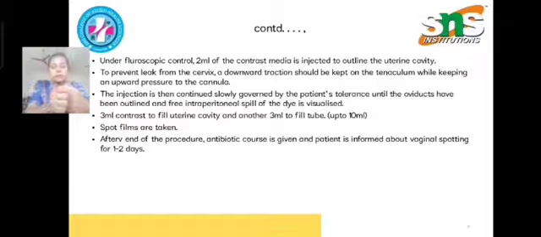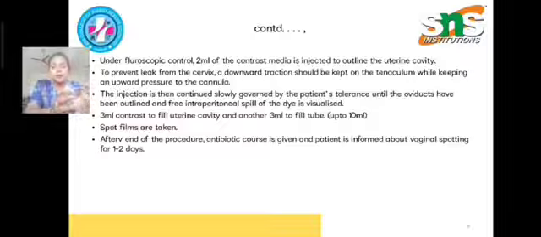So we have to give a downward traction to the cannula. If the tenaculum is in downward traction, the cannula will get upward pressure and the contrast media will not leak from the cervix.